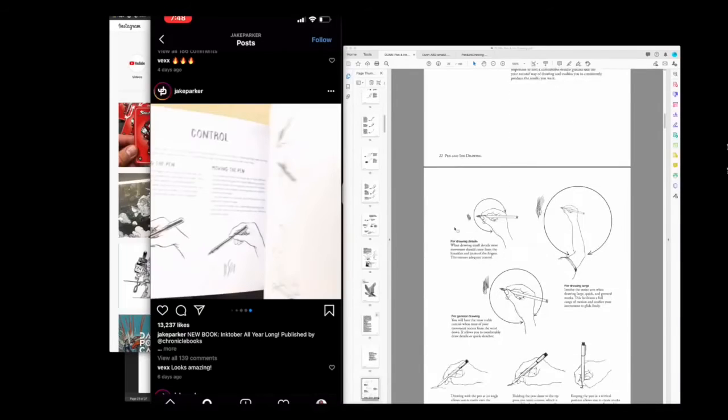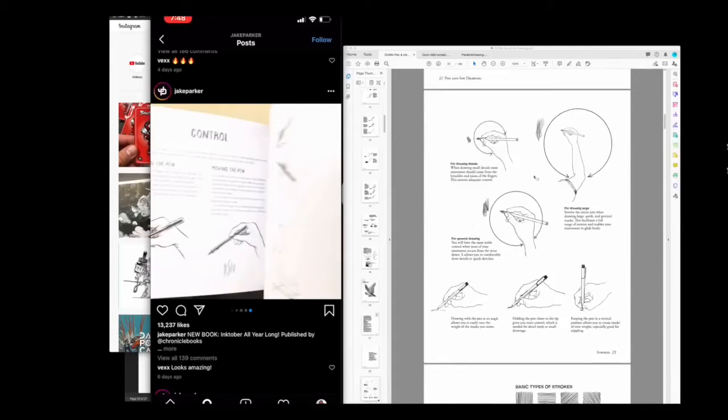All right, so I'm discussing the importance of holding your pen a certain way, holding it close to the point and angled, holding it away from the point and angled, holding it vertically. Here he has the same thing, holding it away from the point, holding it close to the point.